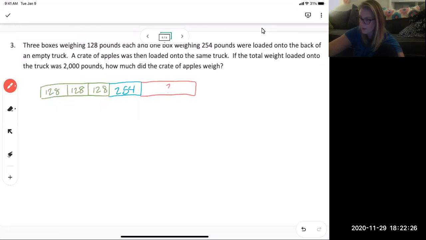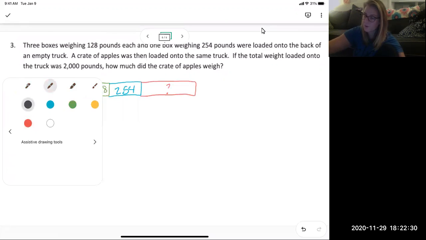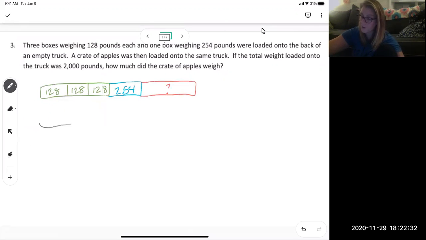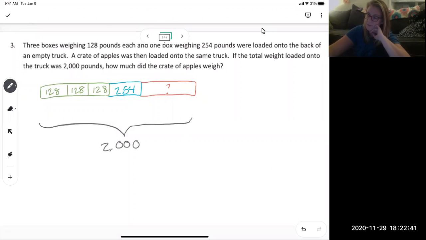Okay, we don't know what that is. And we do know what the total is, right? The total of the amount of weight put onto this truck was 2,000 pounds.